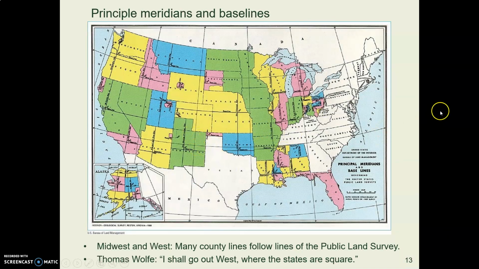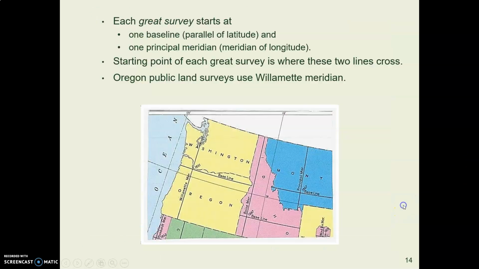So in some cases, county lines follow these baselines and meridians, and in some cases, even states run parallel to them. There's a Thomas Wolfe line where he says, "I shall go out west where the states are square." And here you see the Four Corners area. These are square states, all right.